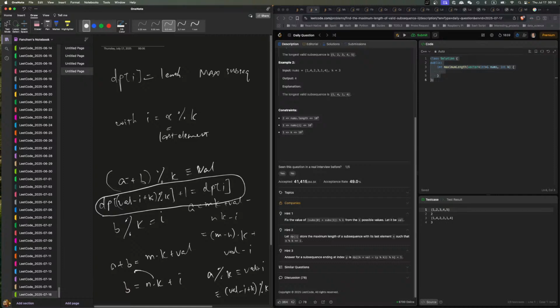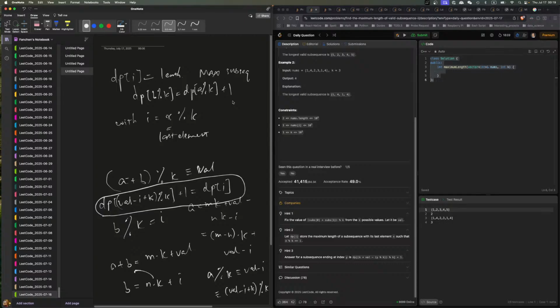So ending at A. Yeah. Essentially, it is, right? So it's dp b mod k shall equal to dp a mod k plus 1, right?